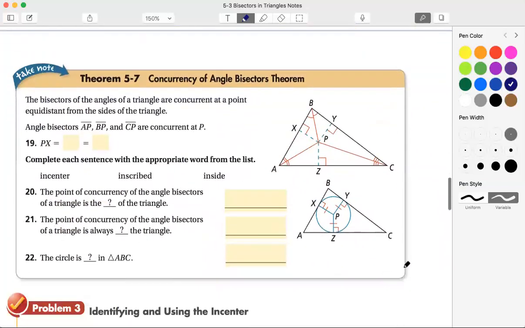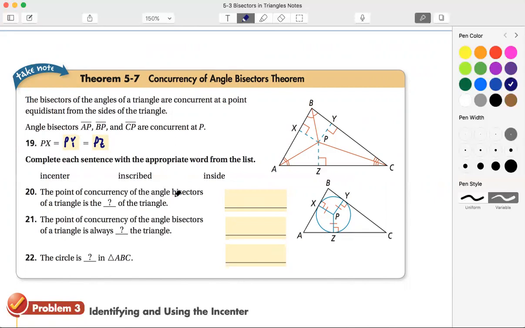All right, theorem 5-7, concurrency of angle bisectors theorem. The bisectors of angles of a triangle are concurrent at a point equidistant from the sides of the triangle. So angle bisectors AP, BP, and CP are concurrent at P. That means PX must equal PY, which must equal PZ. Complete this statement with the following words.